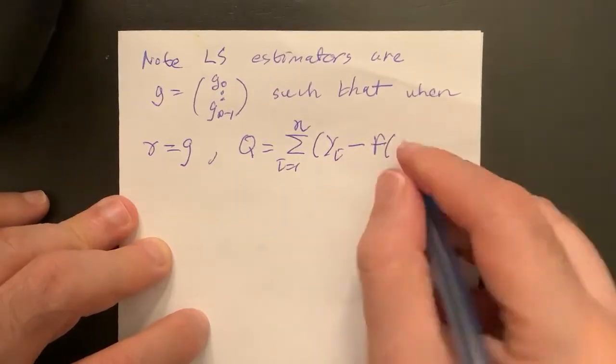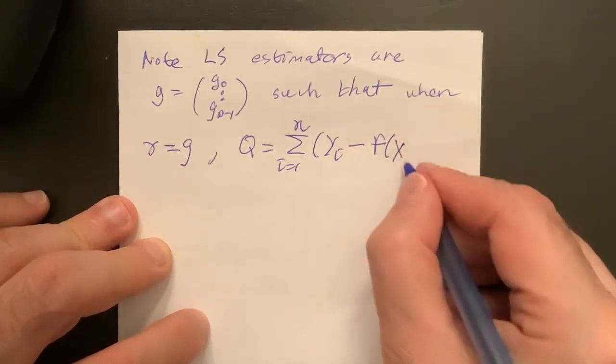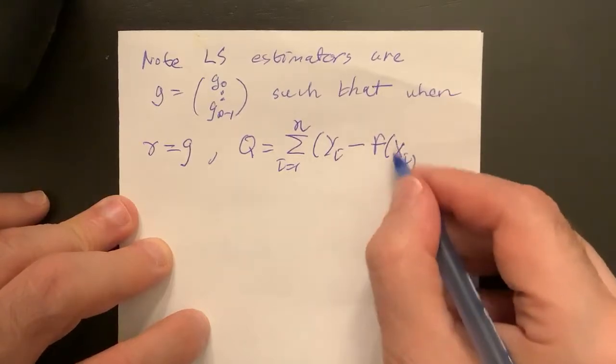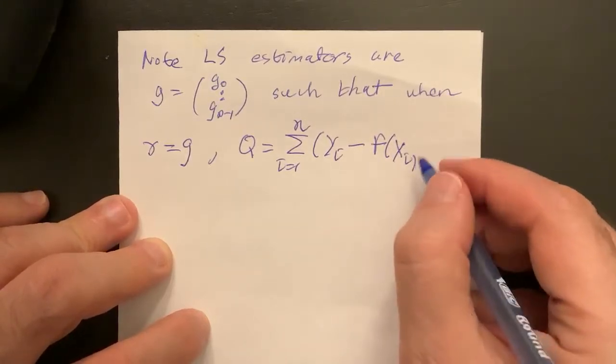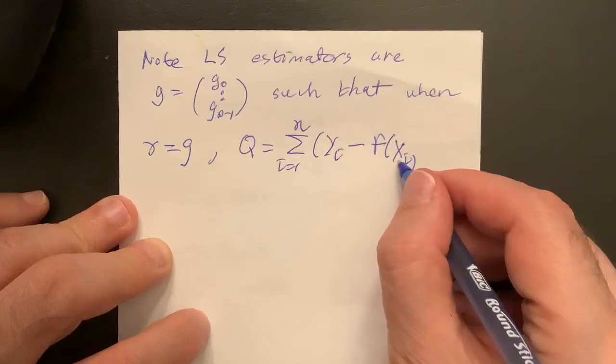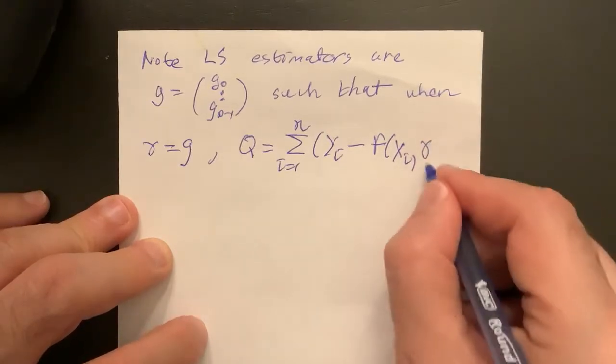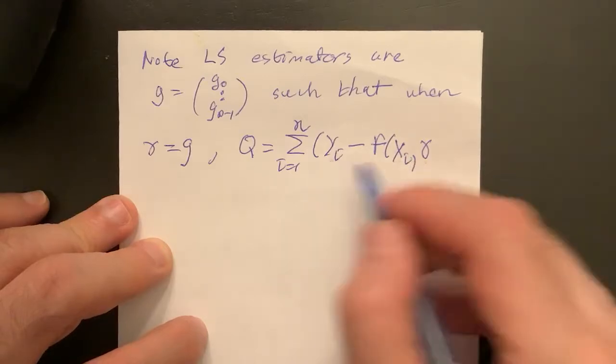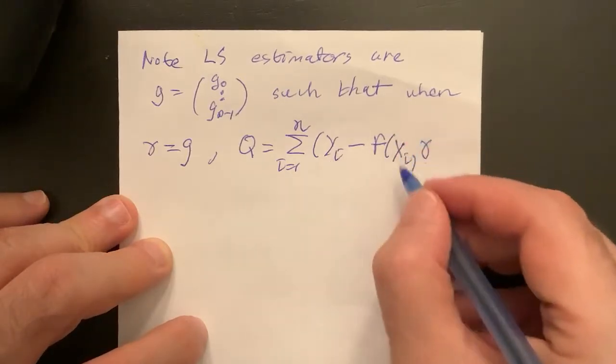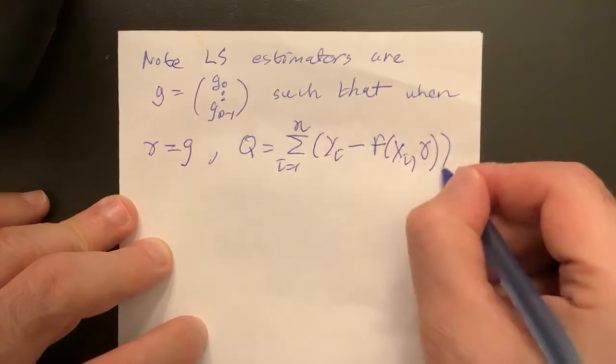Now I don't know what specific form I have here, so I just write f of xi. I don't know if I have multiple predictors or just one, so I'll write xi like this, but I can think of this as a vector, and gamma a vector. So this is a scalar, and squared, right?